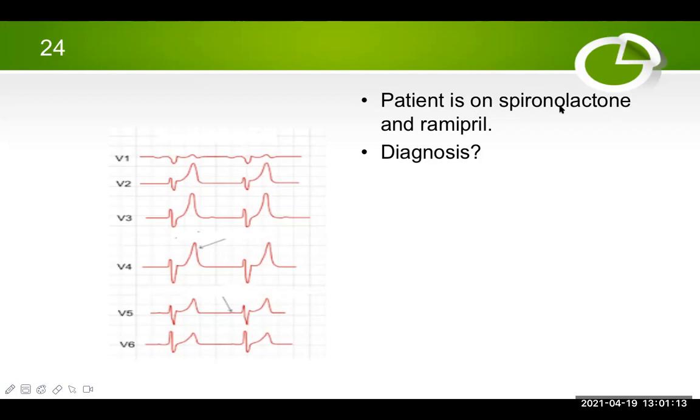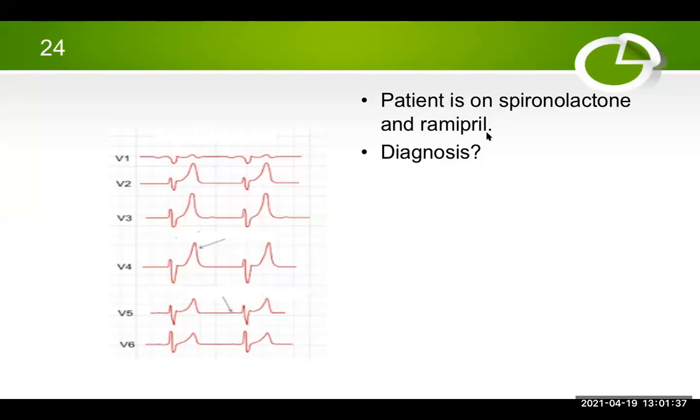And another clue here: both spironolactone and ramipril cause hyperkalemia as a side effect. Spironolactone is a potassium sparing diuretic. So potassium is spared in the body, which means it is elevated in the blood. And ramipril, what type of drug is ramipril? Which drug is this?